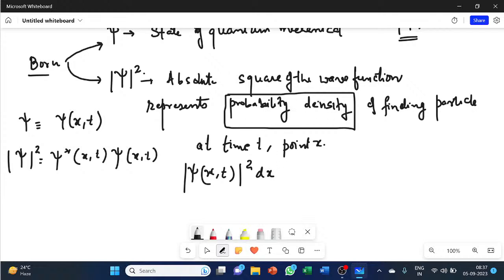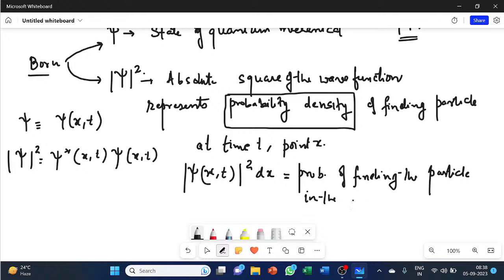Probability divided by something, let's say length, probably volume. But if I multiply it with dx, it represents the probability of finding the particle in the interval x to x plus dx.